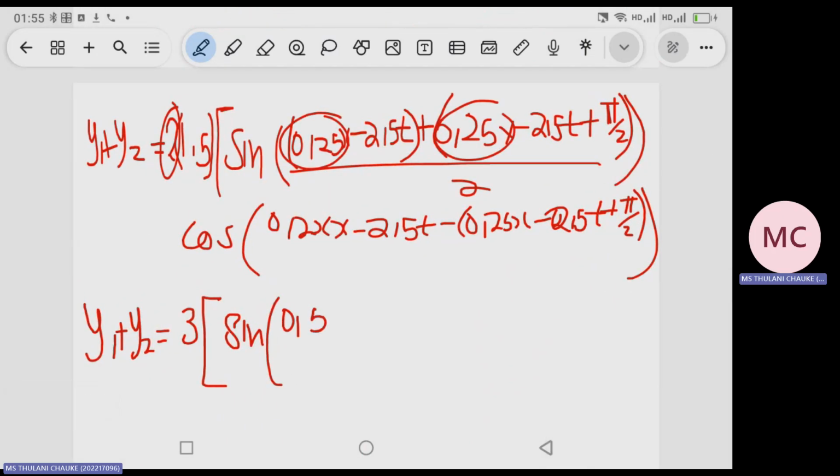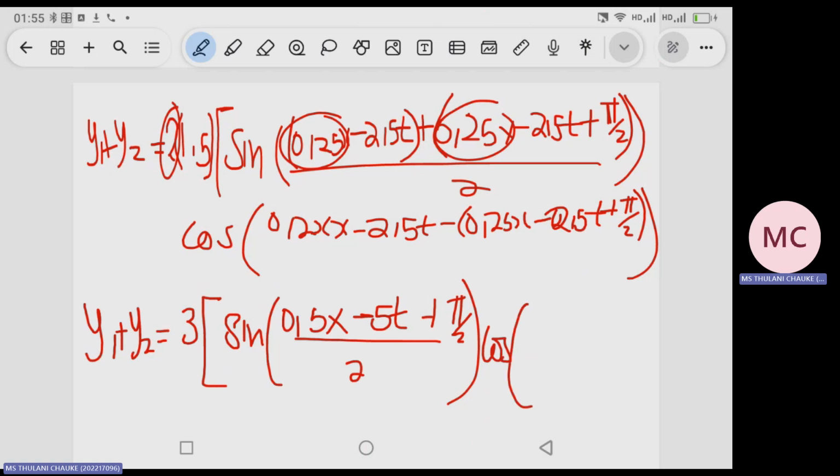Then minus 2.5 minus 2.5 will give us minus 5t. Then plus pi over 2, all over 2. Then with cosine, if you are subtracting, then this all over 2.